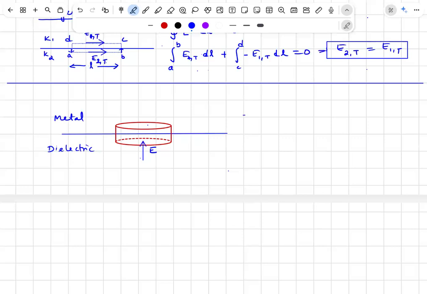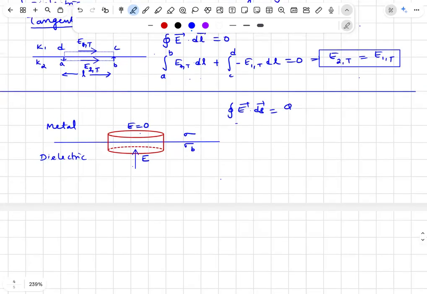Why? Because it is a conductor. Next, sigma, sigma P. So now integral E bar dot dS bar is Q enclosed by epsilon. This is the general formula of Gauss law.